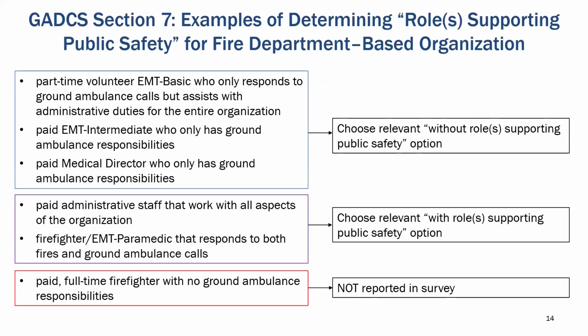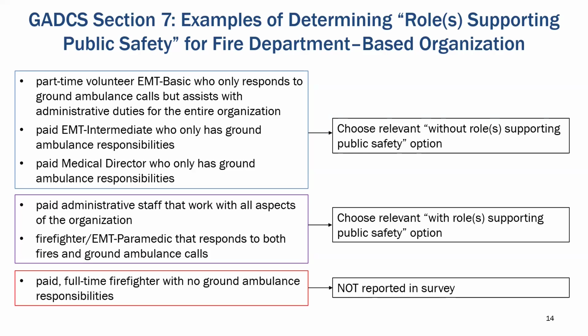On this slide, we give an example of how a fire department-based organization would decide which staff have public safety roles. In the first example, the volunteer EMT basic only responds to ground ambulance calls, never fire or other public safety type of calls. However, the EMT occasionally assists with administrative duties for the organization. In this case, the organization elected to choose the relevant without public safety role because they did not have a public safety response role.